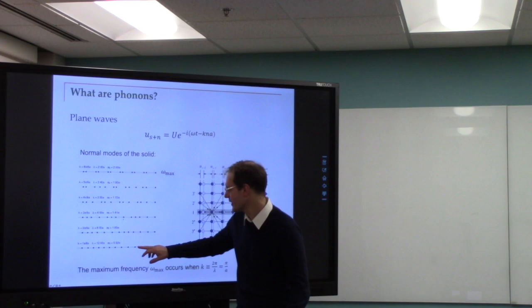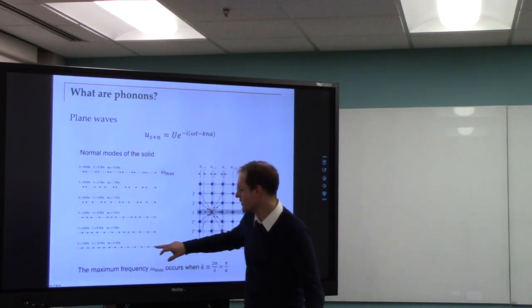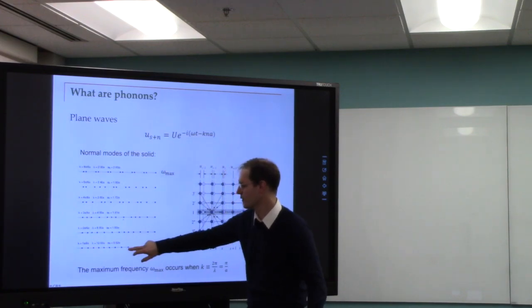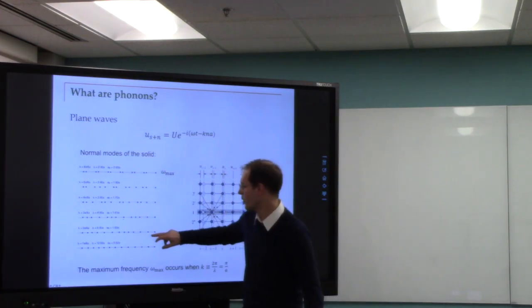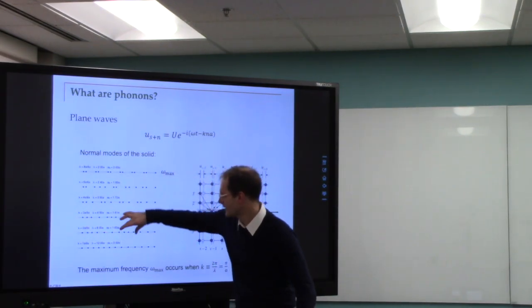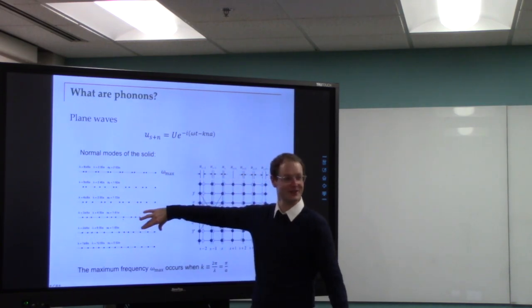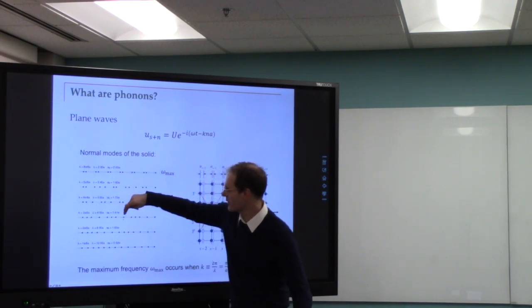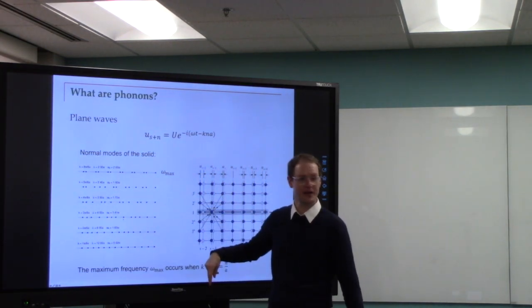And so you can have a phonon with a long wavelength like this one, where here the atoms are a little closer together, here they're a little bit further apart. Or you can have phonons with shorter wavelengths, so you have a compression, rarefaction, right? Or you can have shorter wavelengths, where you have only 3 atoms close together, 1 atom far apart, and so forth.